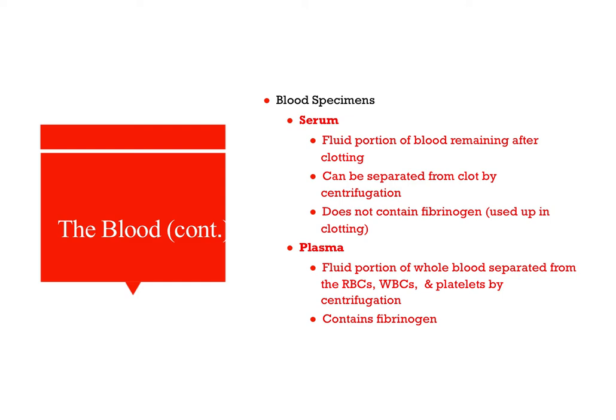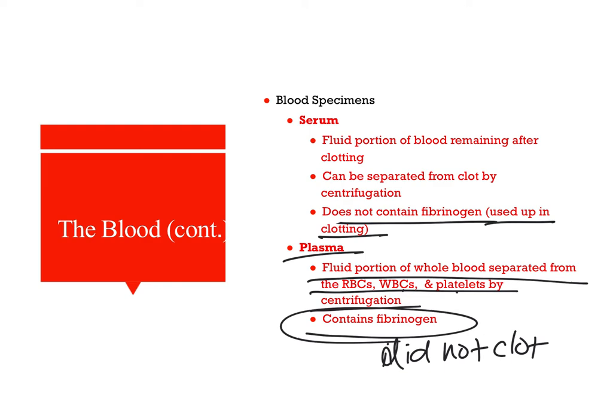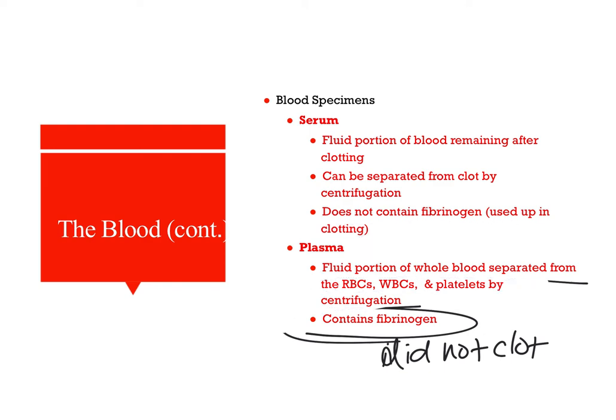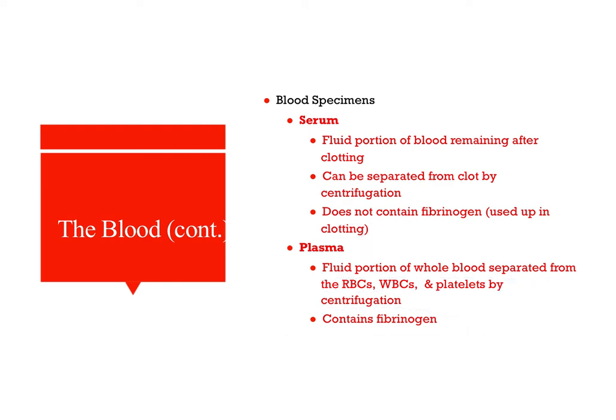Okay? Now, this may seem a little foreign to you right now, but I'm going to explain a little bit. So we have all gone to the doctor and had our blood drawn probably at some point, and we saw all the different color tubes, right? Well, these tubes do different things to the blood.